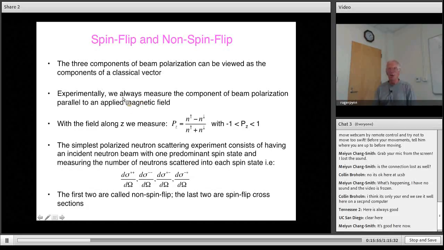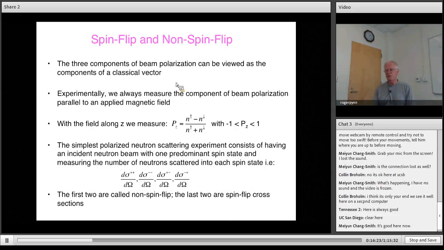Experimentally, all of the devices that we have available to measure a polarized beam will always do something like either transmit or reflect one of the two spin states preferentially. And that spin state, of course, is defined with respect to the z direction, which means with respect to a magnetic field.